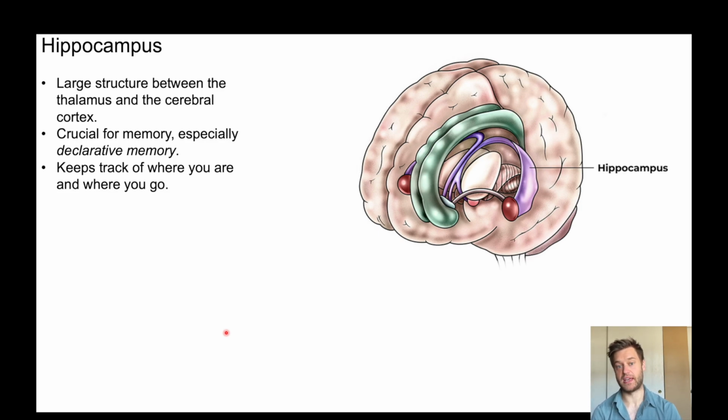And that was because they had learned London, which is a particularly difficult city to learn spatially, evidently. But you'll need to know that not only is the hippocampus important for declarative memory, personal memory, that kind of thing, but it's also very important for spatial memory.